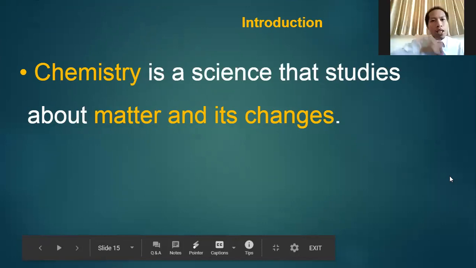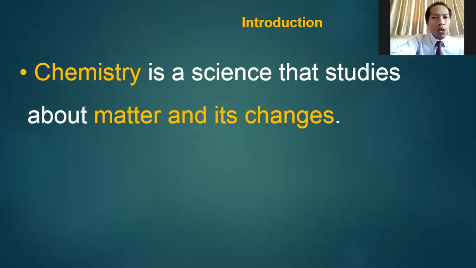So when we are talking about chemistry, chemistry is a science that studies matter and its changes. So the most important thing here is the part that I made bold: matter and its changes. Can you see? Matter and its changes. So actually, when we're talking about chemistry, it's all about matter. What is matter? Some students maybe have a perception that matter is substance.